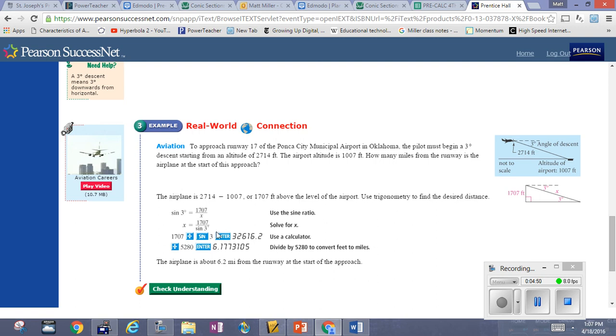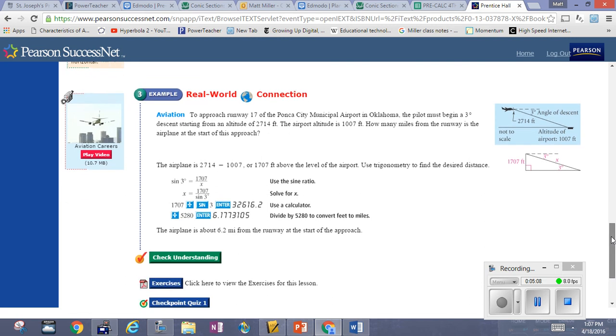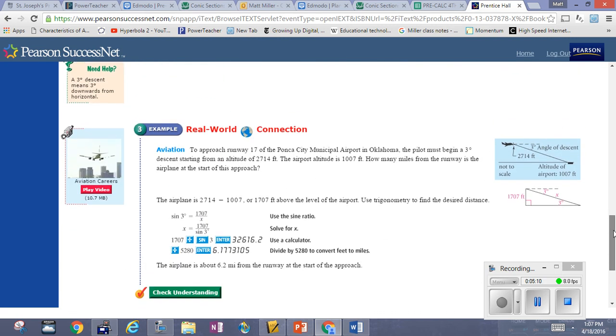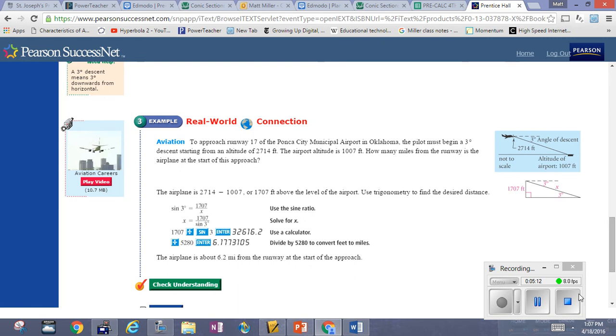When we work this out, we find that the x value is 32,616 feet, which divided by 5,280 feet per mile means he's going to travel along this hypotenuse path of 6 miles. So we can come back with another video and maybe do another example or two.